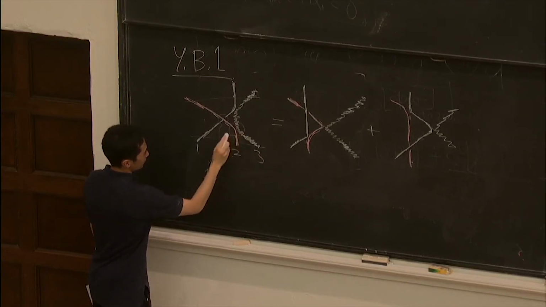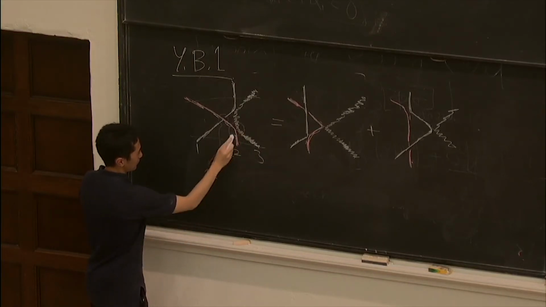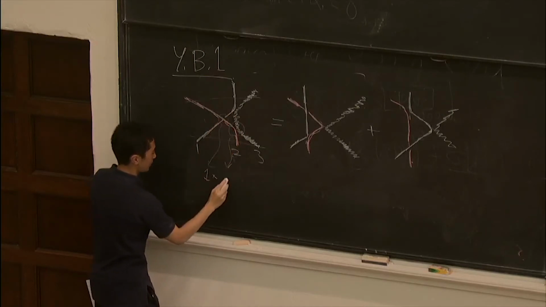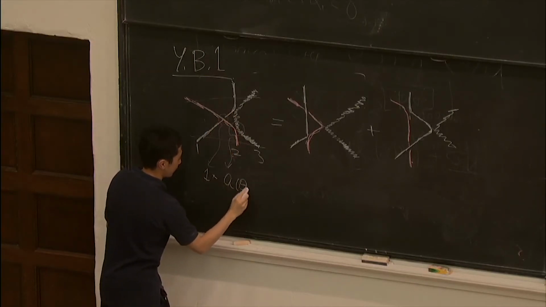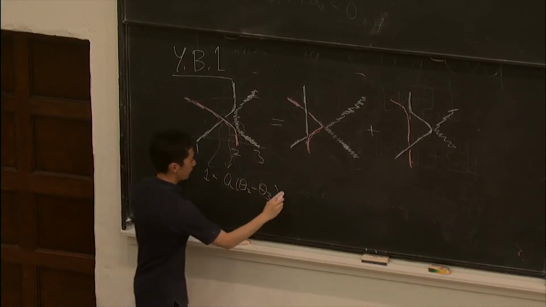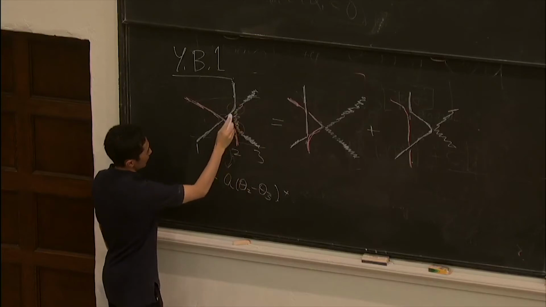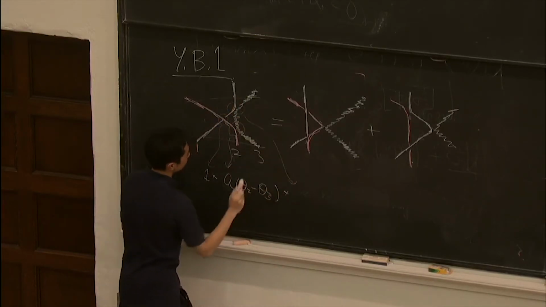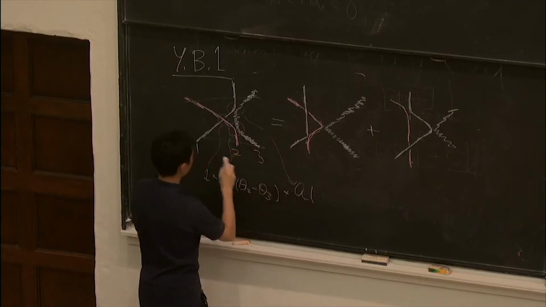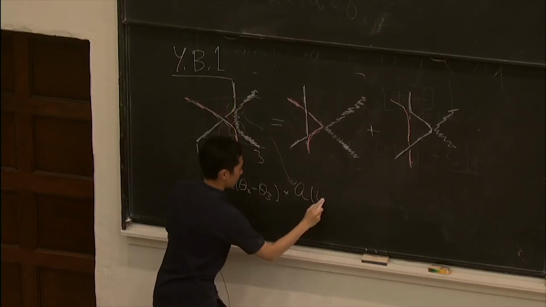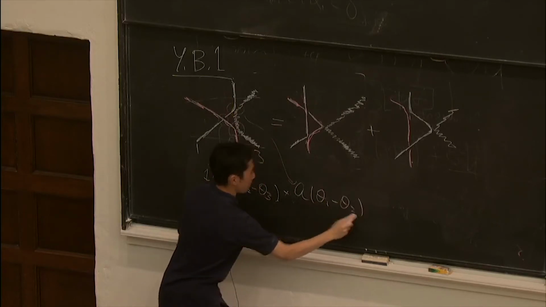And here there is a scattering of particles 2 and 3, and the indices go in this way. So I have A of theta 2 minus theta 3. And then here again the scattering of indices is of the A type. So I have A times, now the scattered particles are 1 and 2, theta 1 minus theta 2.